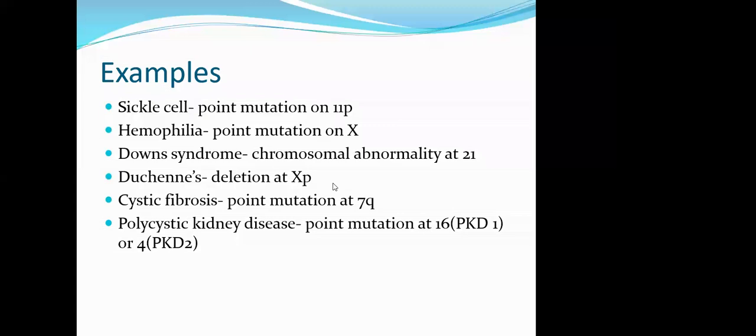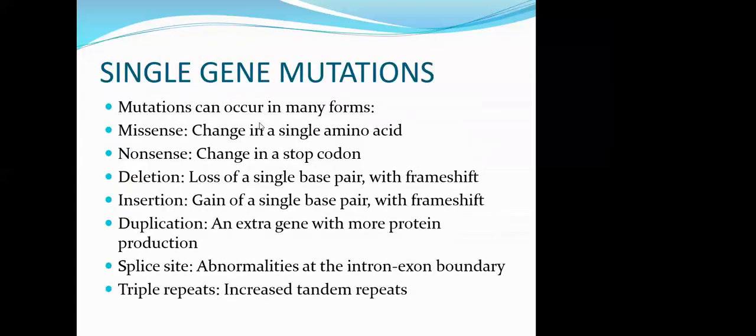So that's referred to as a deletion. While there's a point mutation, for example, this point mutation is most likely one of these, either a nonsense mutation or an insertion. So these are some of the things that you're going to read when you talk about single gene disorders.